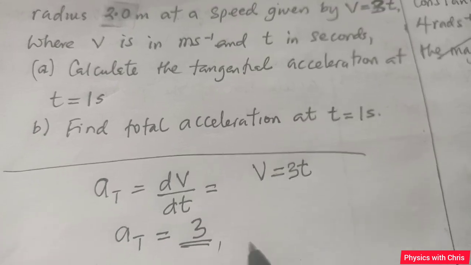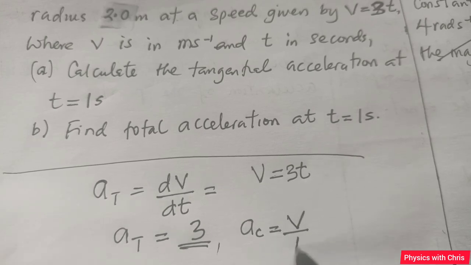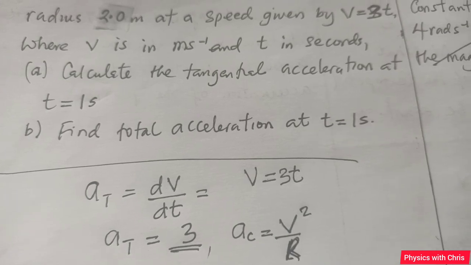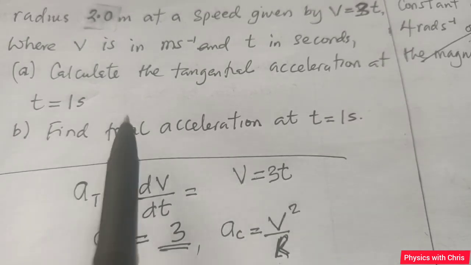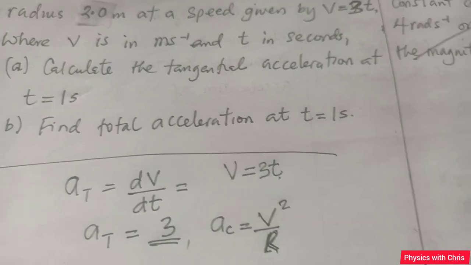Then our centripetal acceleration, that one is dependent on time. It is given as v squared divided by r. Since we have to find that after 1 second, we'll replace t with 1.